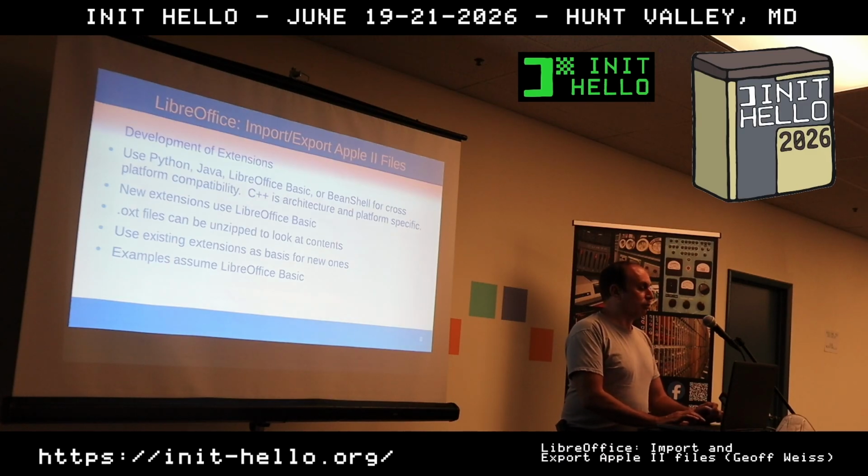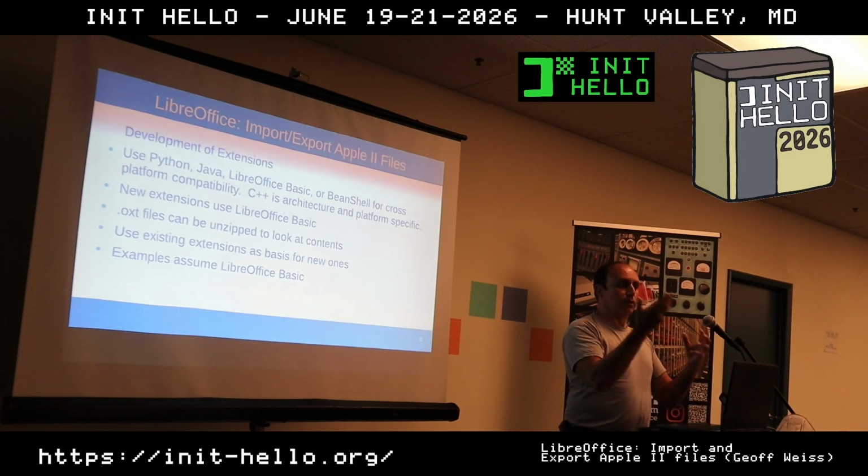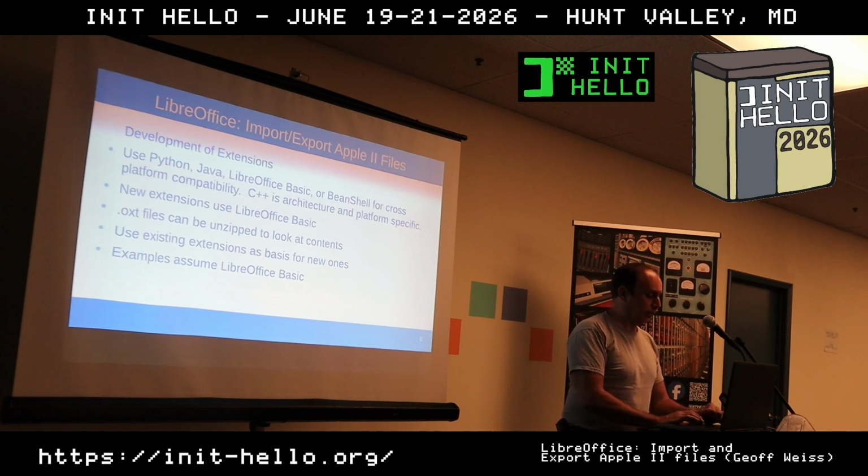I'm the type of programmer that likes to look at existing code when writing code, versus just reading the manual and saying, "Oh, I understand this language now." So if anybody's interested, please look at the code that I have. It's there for people to look at, and it's a good basis for making new extensions.